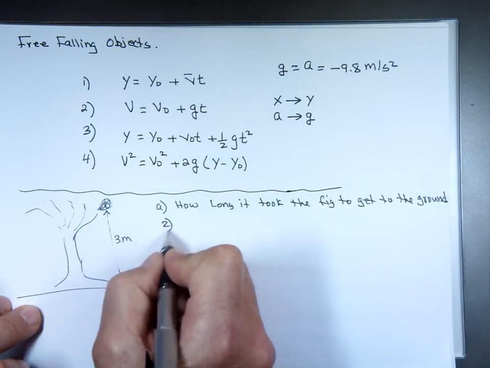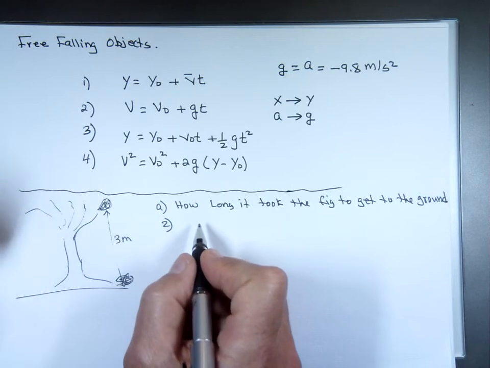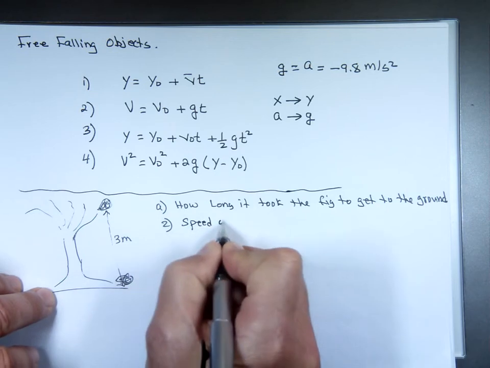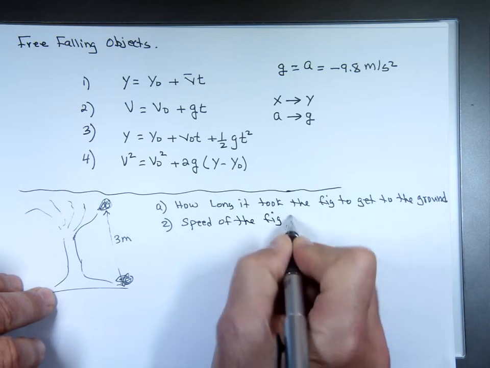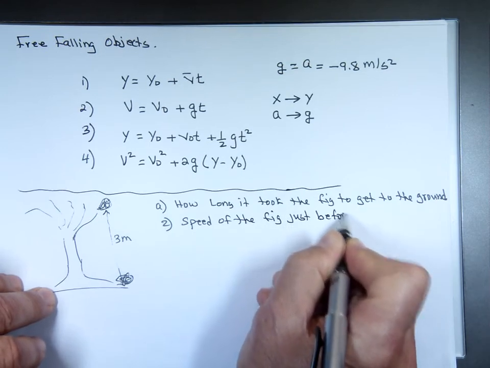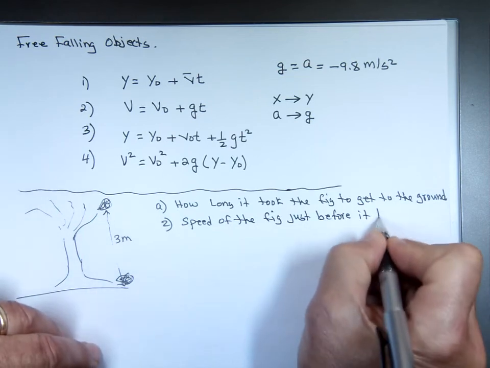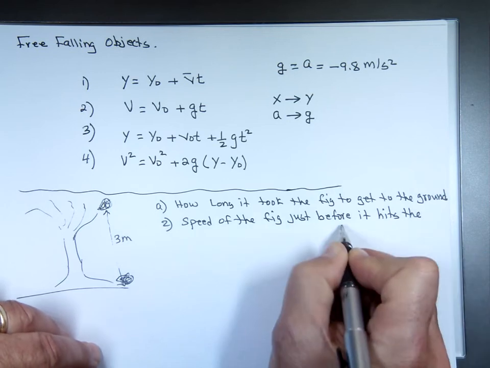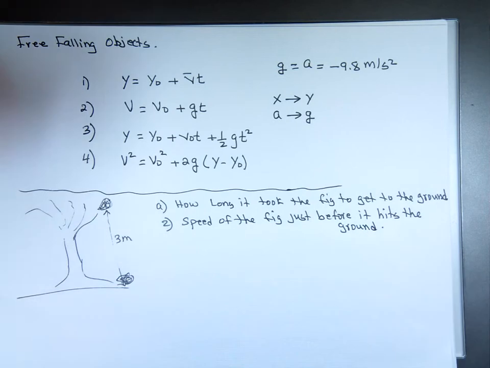And 2, we should ask maybe the speed of the fig just before it hits the ground. What was the speed of that fig just before it hits the ground?